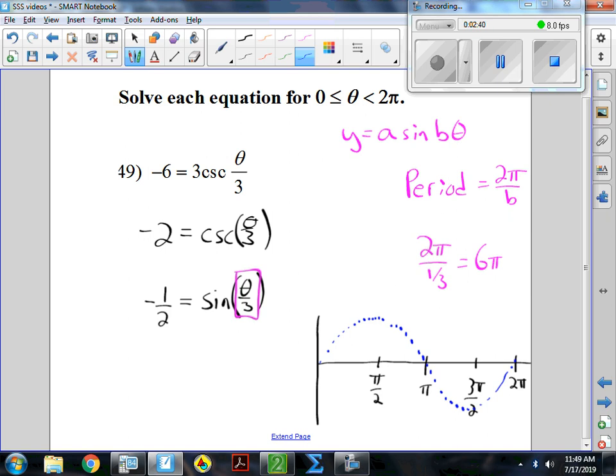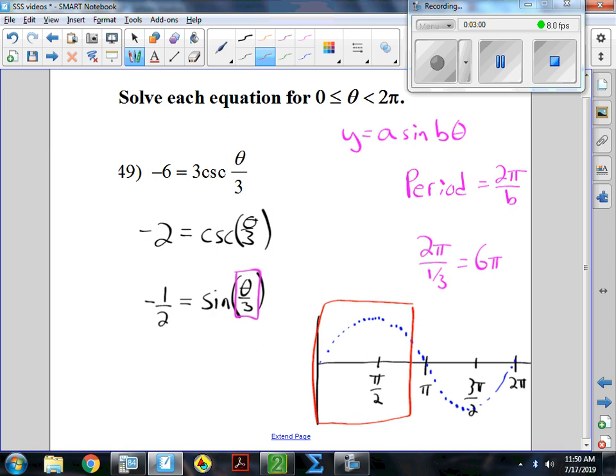So from 0 to 2 pi, if we look at a third of the cycle, a third of this graph, let's see, 2 pi divided by 3. It's going to be about right here.